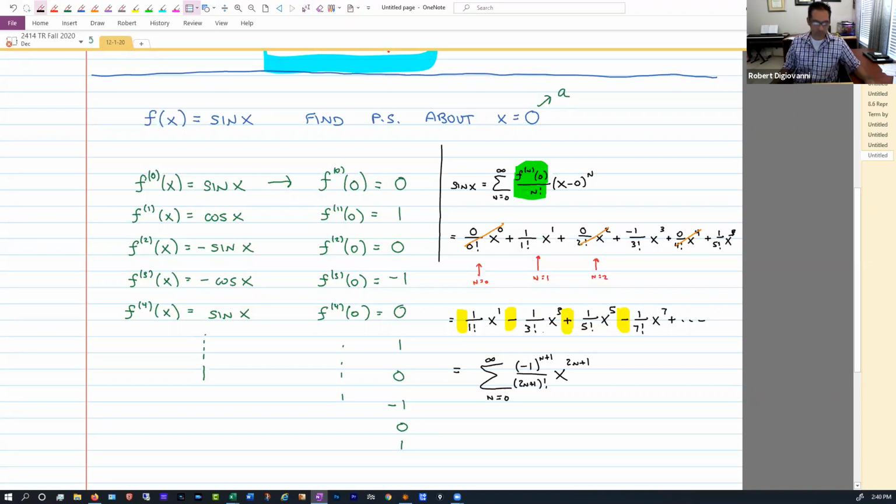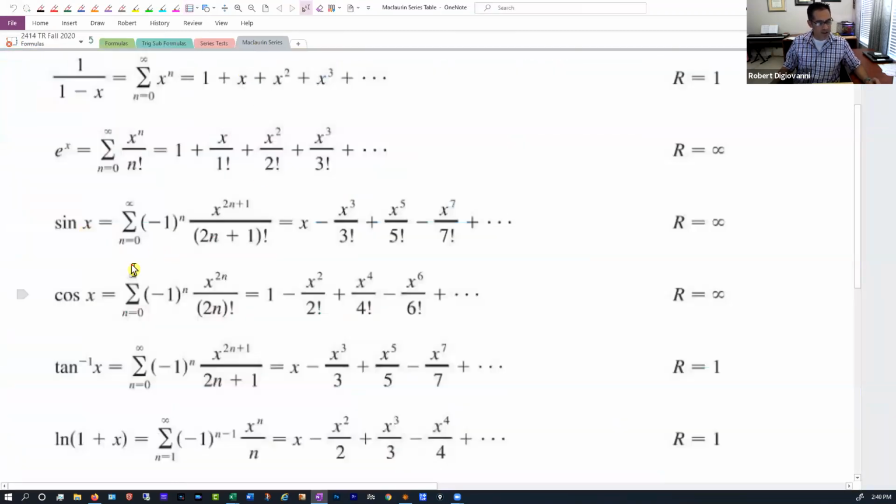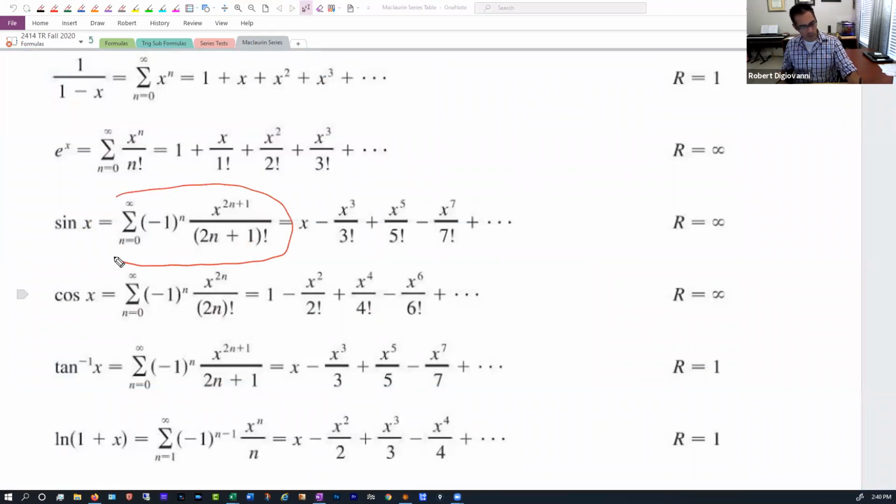Okay. My fault. Sorry. I'm looking at the clock. I'm out of time. So if you go back to your formulas now and you look at sine x, check this out. There it is. That's what we just got. -1 to the n. Oh, wait, hold on. We're starting at 0.